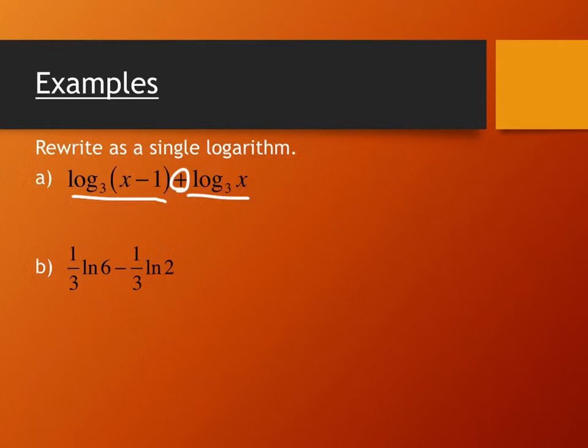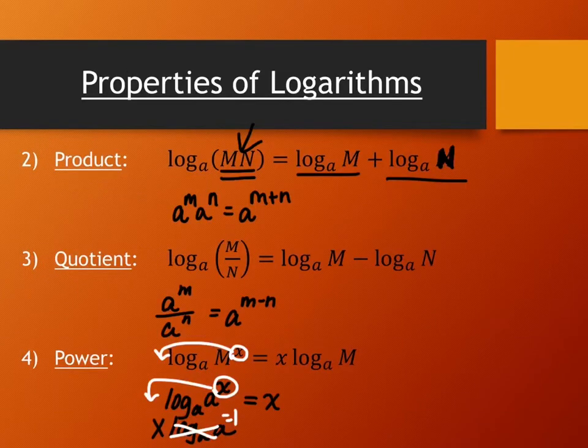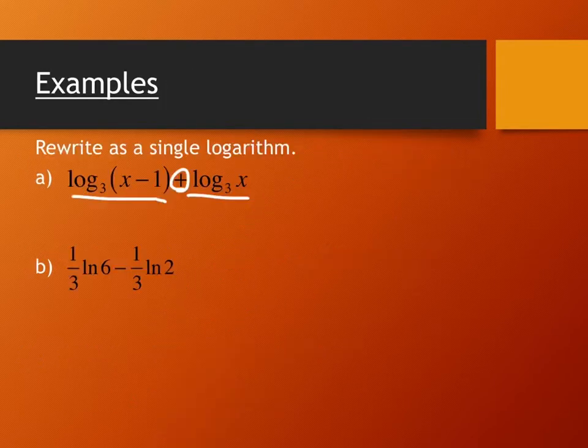So which of the properties on the previous slide, 2, 3, or 4, would we be using on this problem? The product, property number 2. Basically, we have something that looks like the right-hand side, and we're going to condense it to look like the left-hand side. So, based on what we've written down already, how would we do that? What would it become?